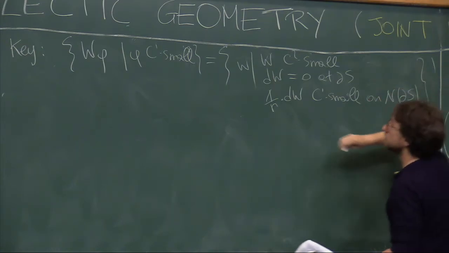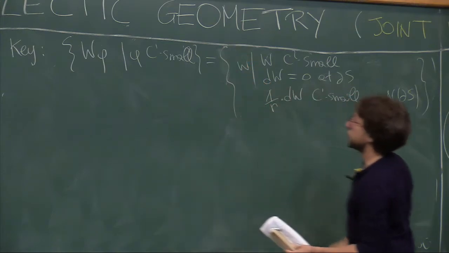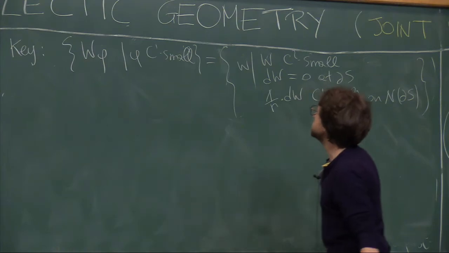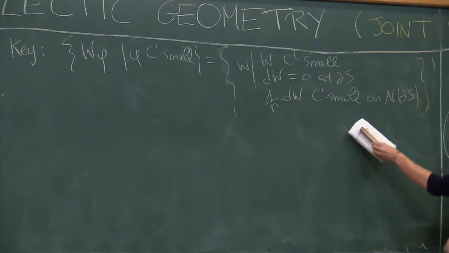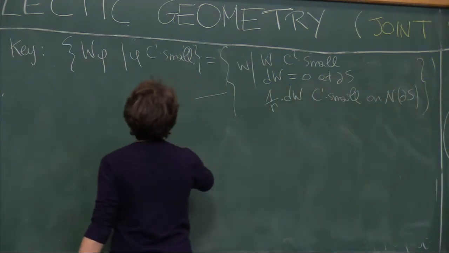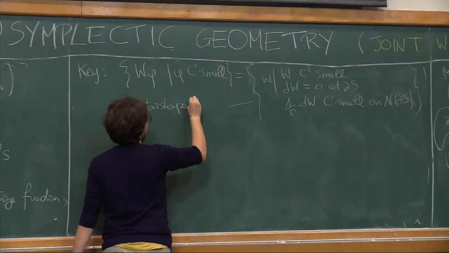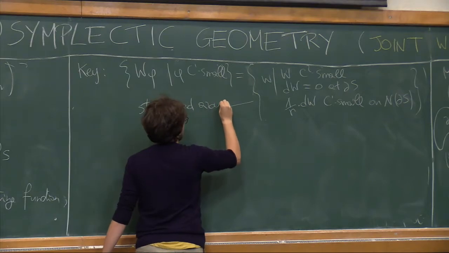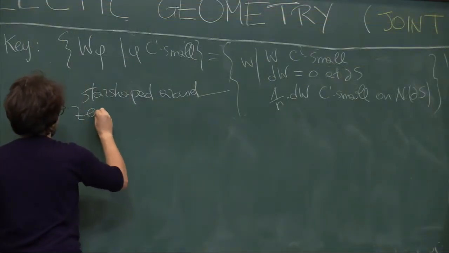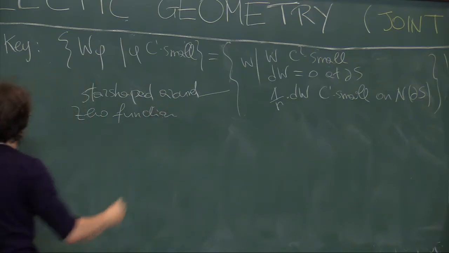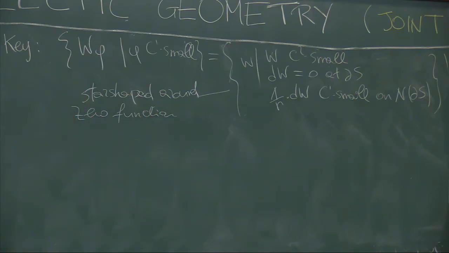So we can give such a characterization of all the possible generating functions that can arise. The observation is just that this set is star-shaped around the zero function, so that we can do this squeezing of W to 0. This is the second ingredient of the proof.